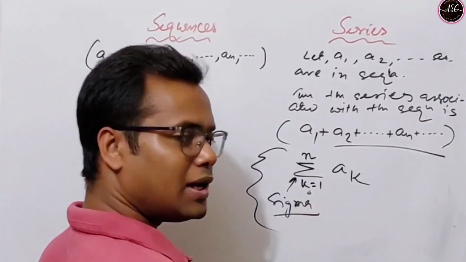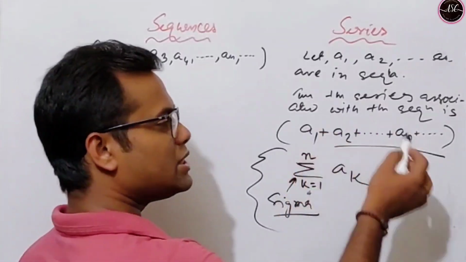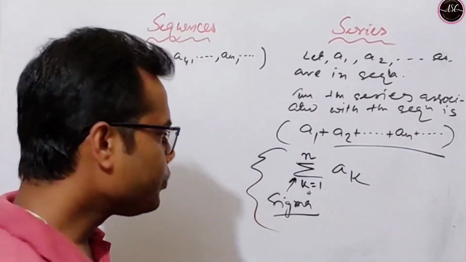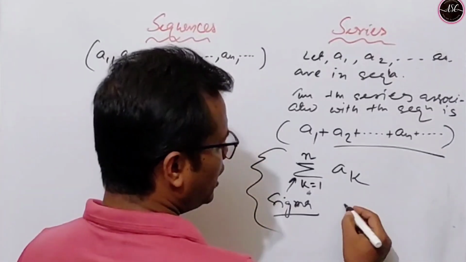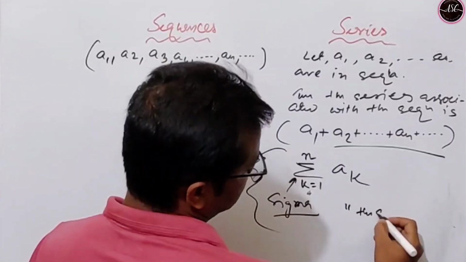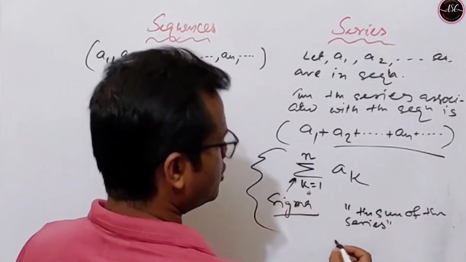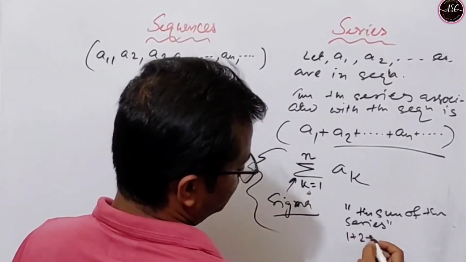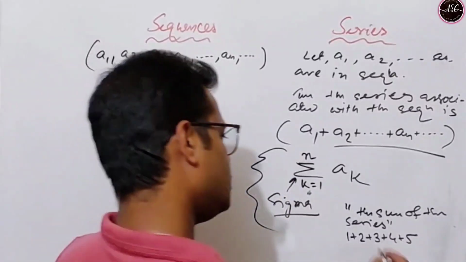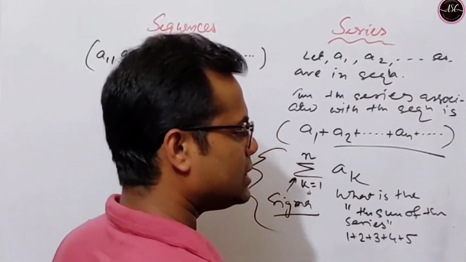By seeing this, we generally say this is the summation sign, but it is not summation. It is just indicating the summation, but not the summation of these terms. Clear? Just see, if there is a question, the sum of the series 1 plus 2 plus 3 plus 4 plus 5, what is the sum of the series?